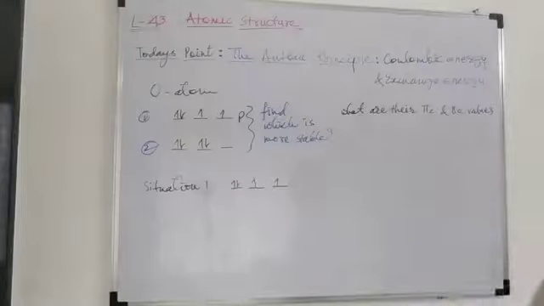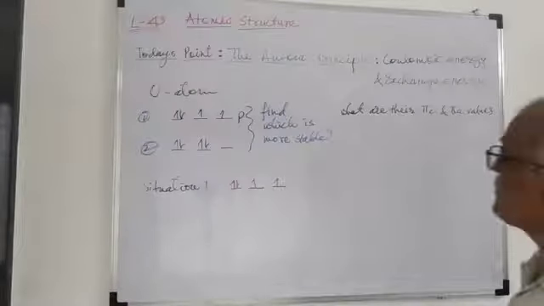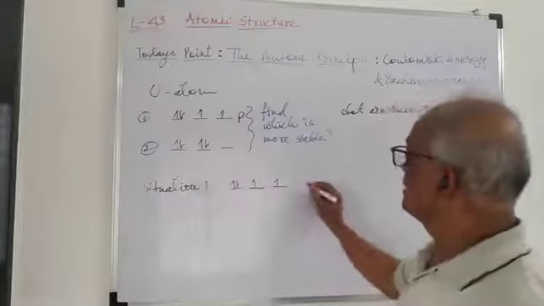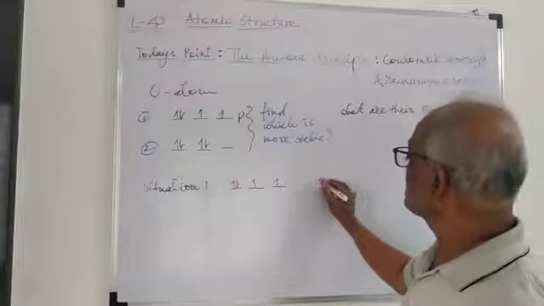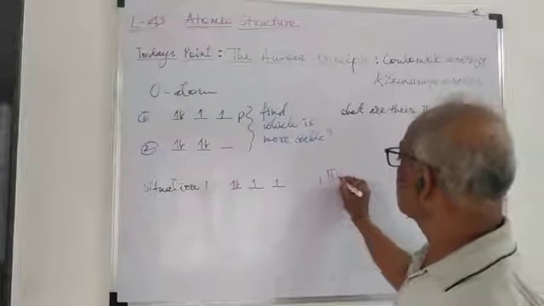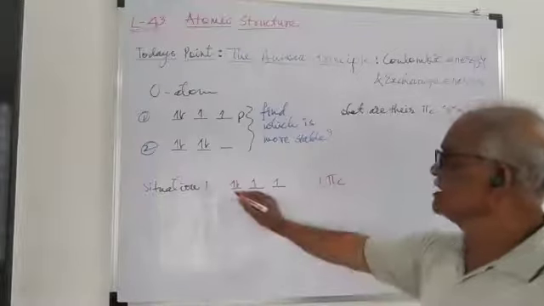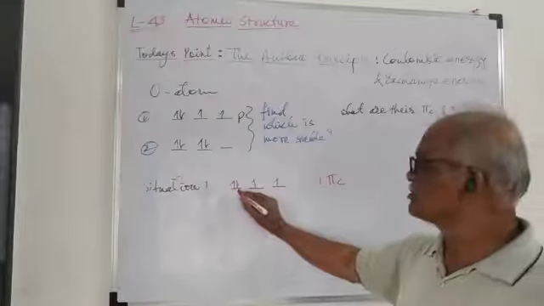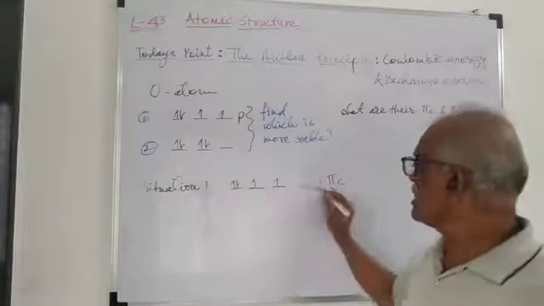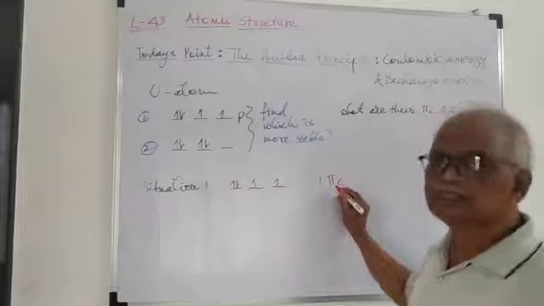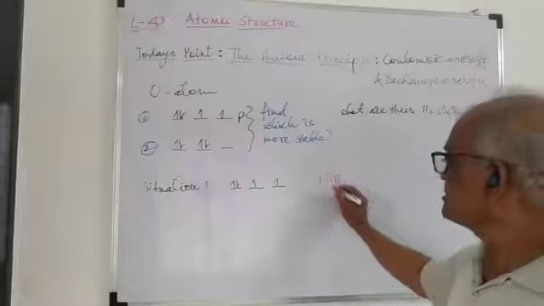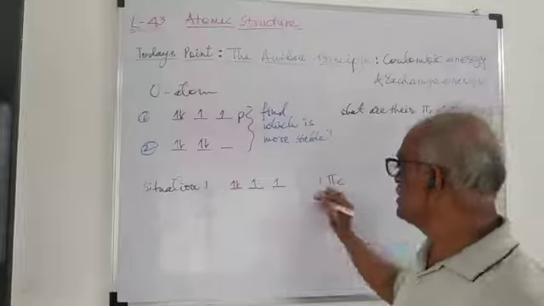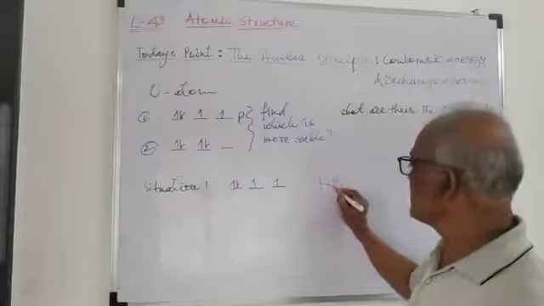So here this pair shows that there is 1 pi c, means the repulsive forces between these 2 electrons are producing the Coulombic energy. So there is 1 electron pair, so it is 1 pi c.